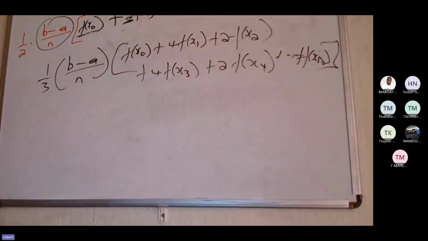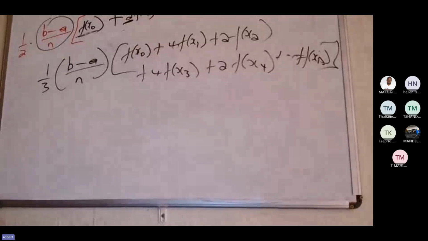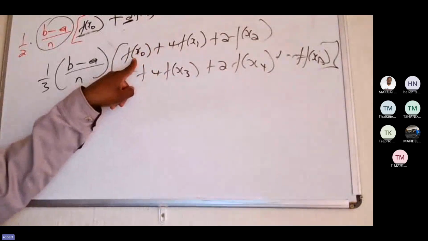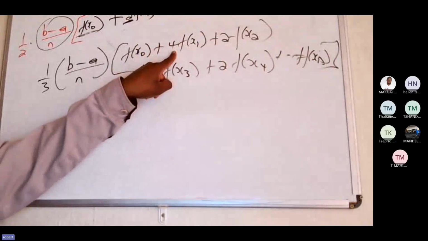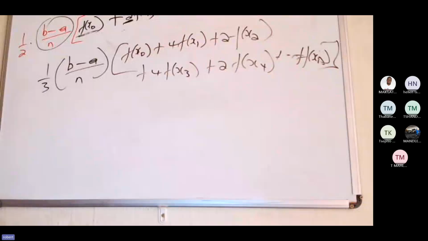That is the only difference between the trapezoidal and Simpson's rule. The first term is just f of x0, the second term is 4 followed by 2, and from there they just keep alternating until the last one.